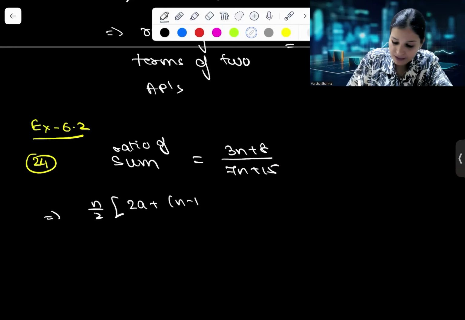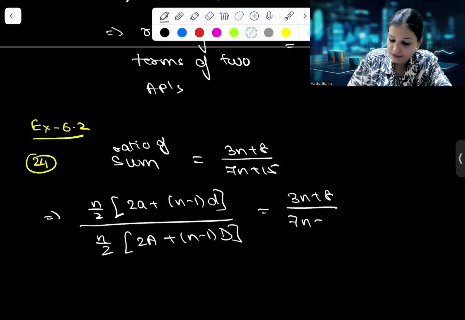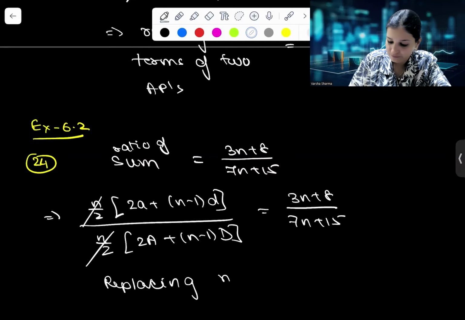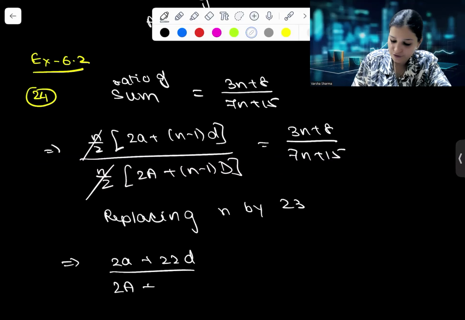Sum of n terms is n by 2, twice a plus n minus 1 d. So replacing n by 23, we'll have twice a plus 22d. This will be 2a plus 22d.